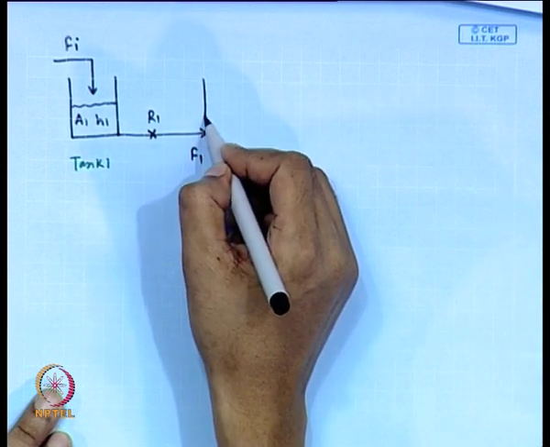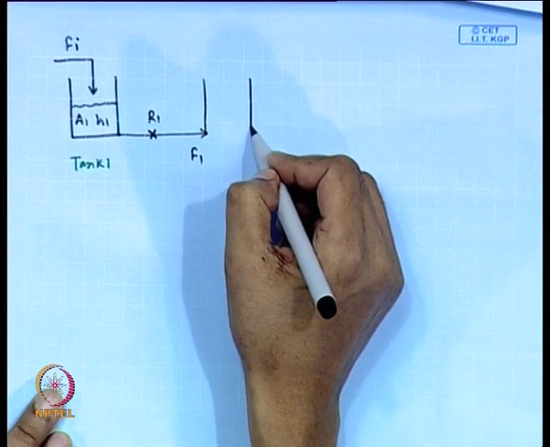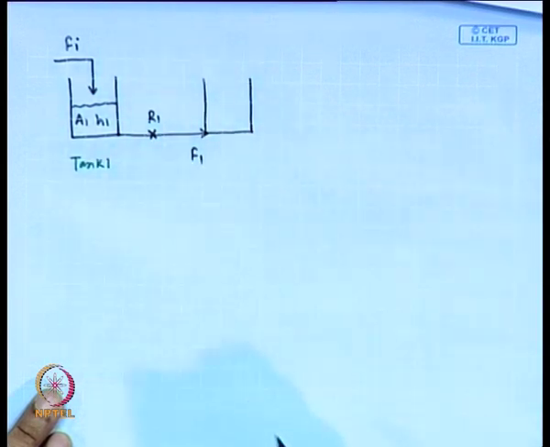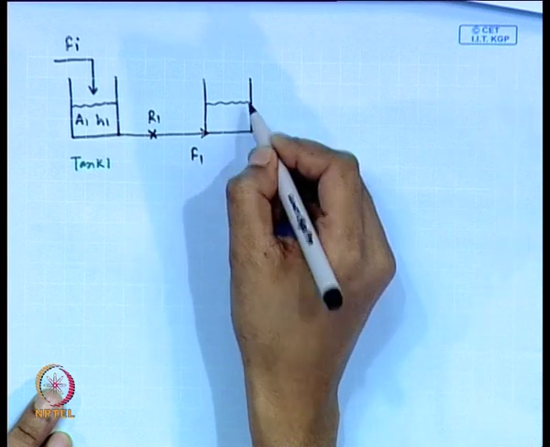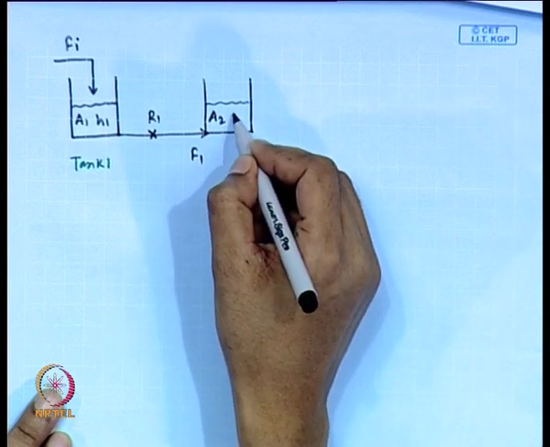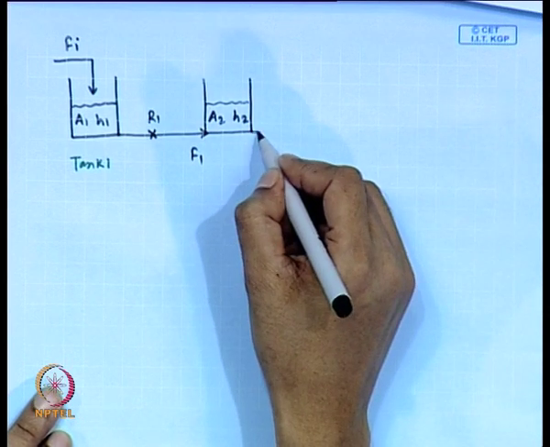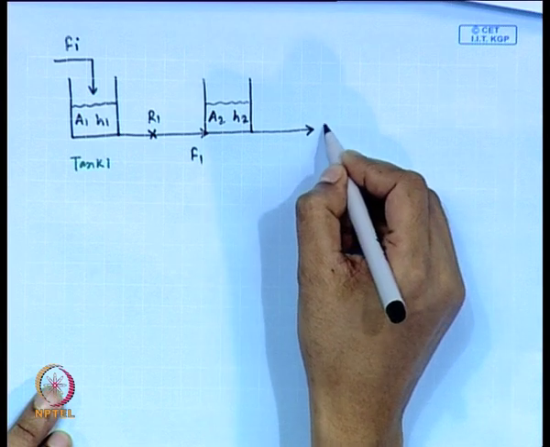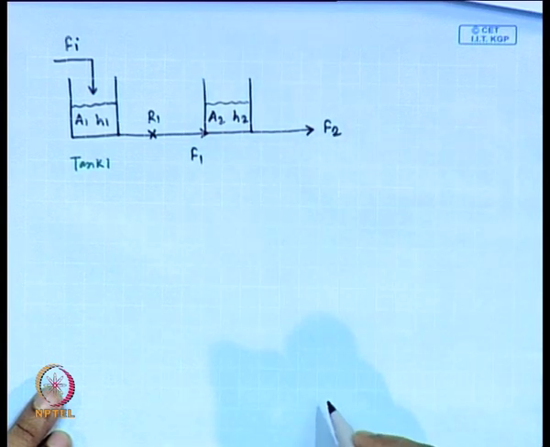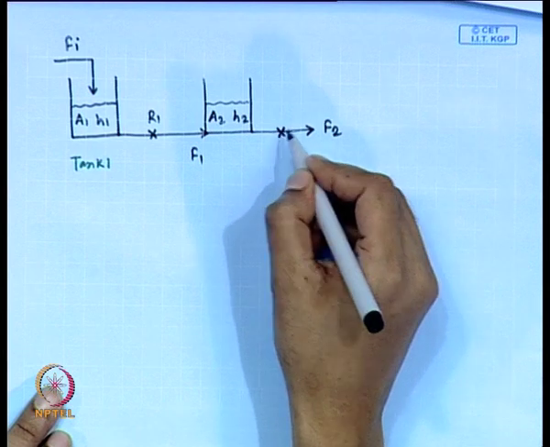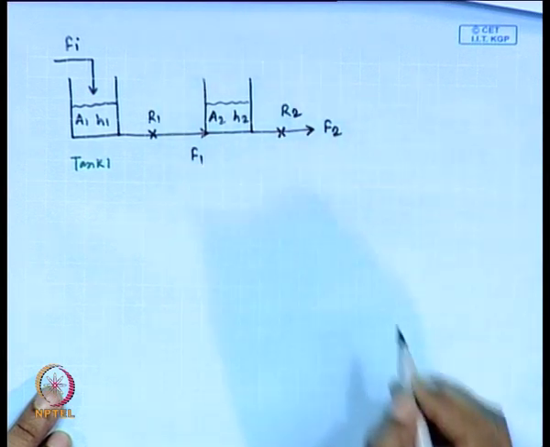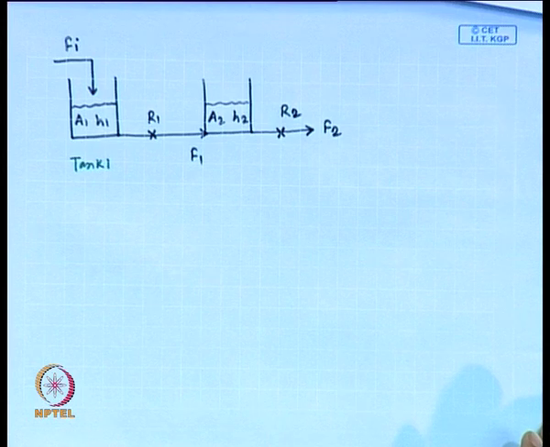The second tank is placed here, cross sectional area A2, height H2, output is F2, fine, and resistance here is R2. This is the second scheme in which we have connected the two tanks in series.